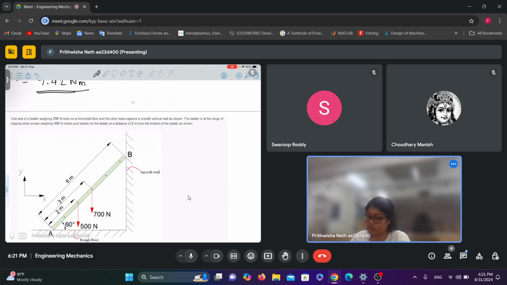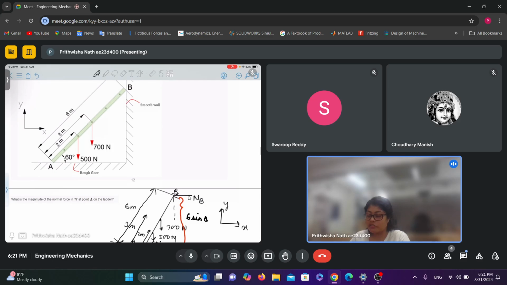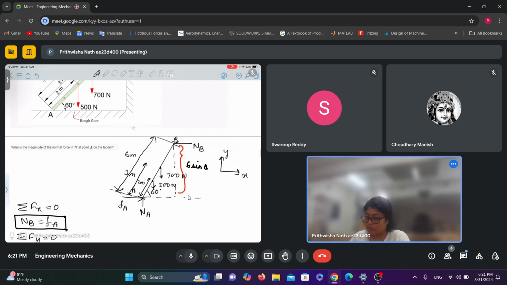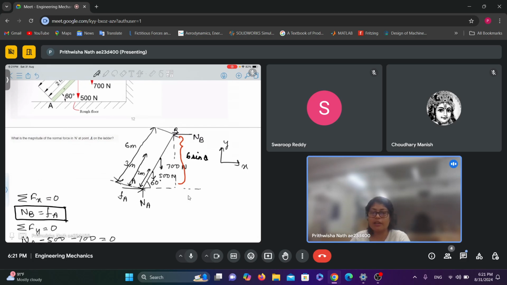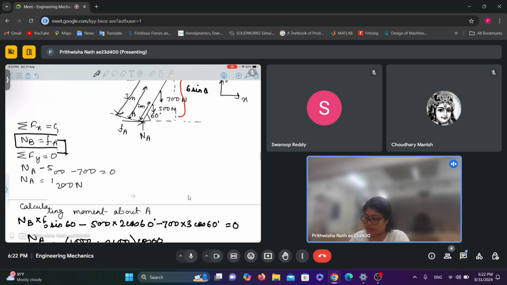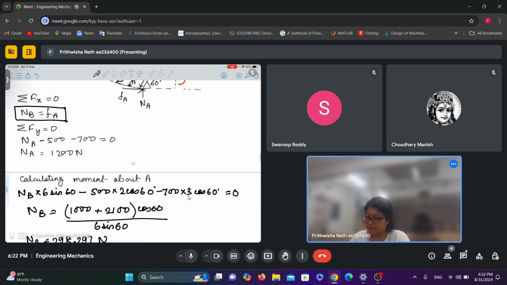this wall is smooth and the floor is rough. So accordingly we draw the free body diagram. So writing force equilibrium along the x direction, we find NB equals Fa, and along the y direction we get Na. From there we calculate the moment about point A, which gives us NB.